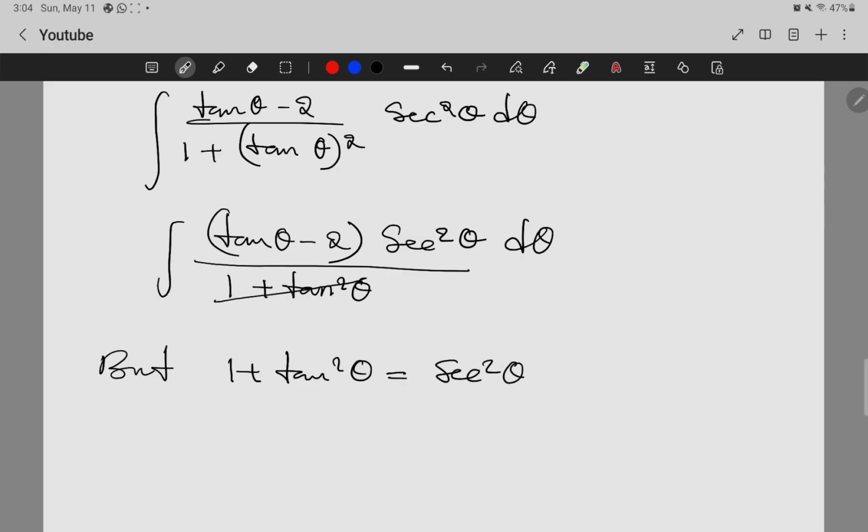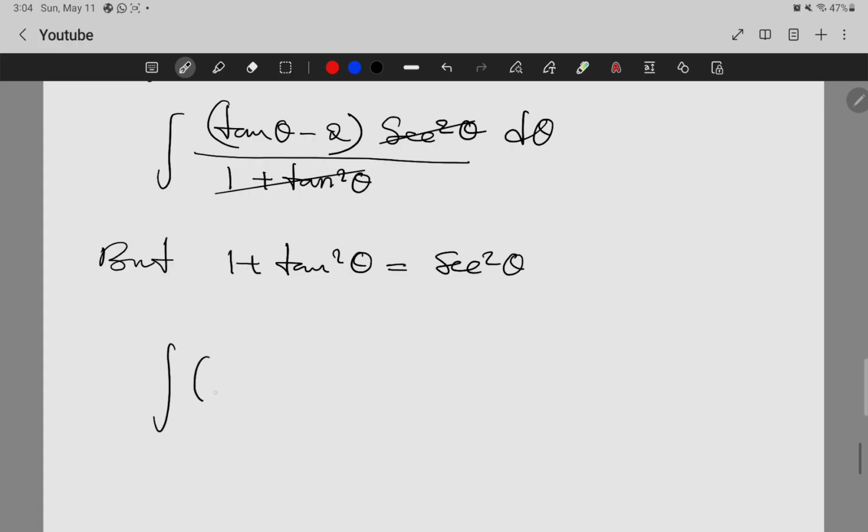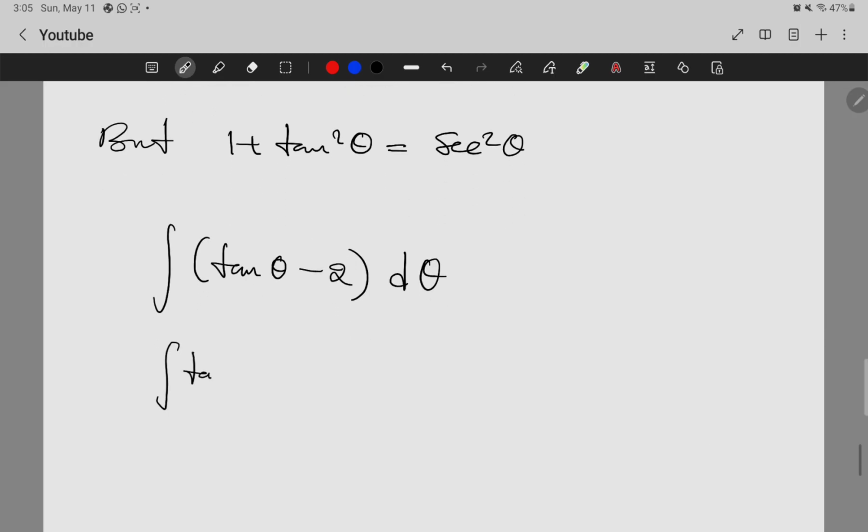In other words, this and this are the same. So they get to cancel out, leaving us with the integral of tan theta minus 2 d theta. So this is now the integral of tan theta d theta minus 2 the integral of d theta.